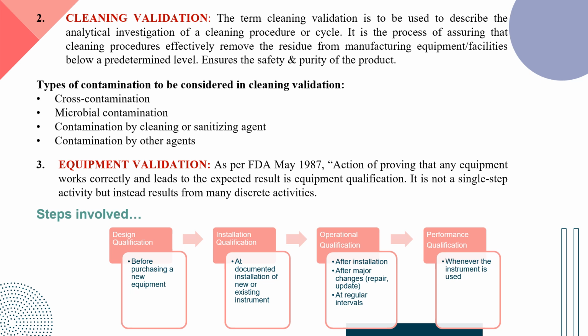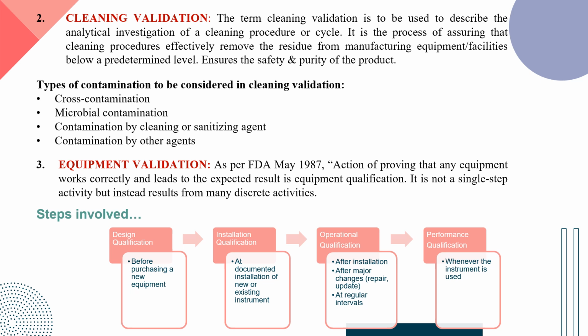It also ensures the safety and the purity of the product. There are some types of contamination which directly or indirectly are used to determine the cleaning validation. First is the cross-contamination, microbial contamination, contamination by cleaning or sanitizing agent, and the contamination by other agents.